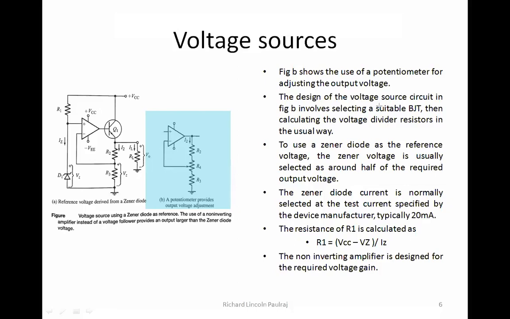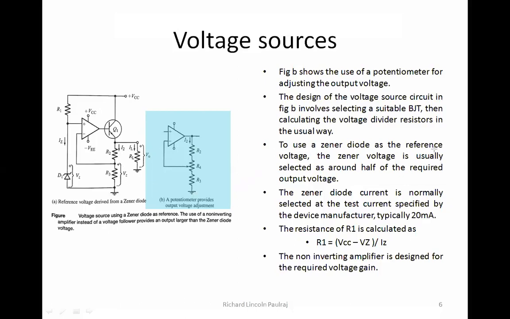The design of the voltage source circuit in figure B involves selecting a suitable BJT. Again, I need to have a proper BJT. Then calculating the voltage divider resistors in the usual way. R2, R3 can be calculated with our usual manual calculations.